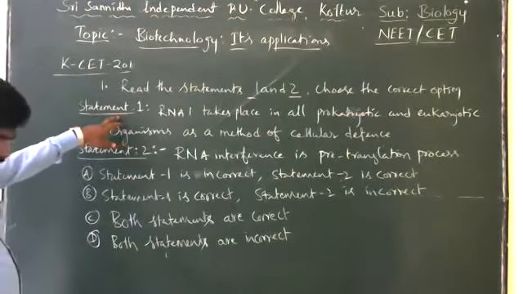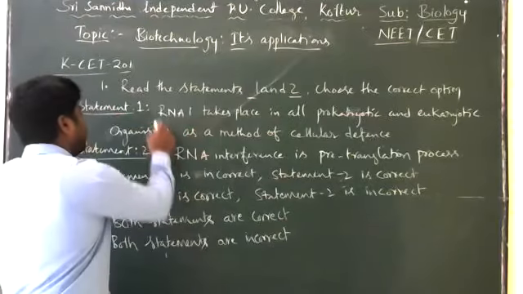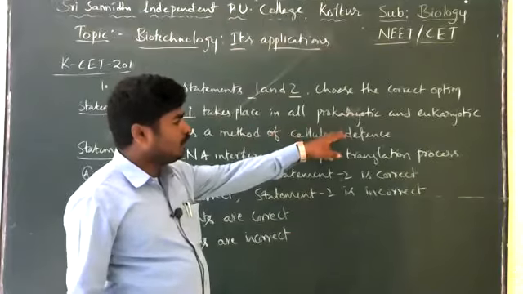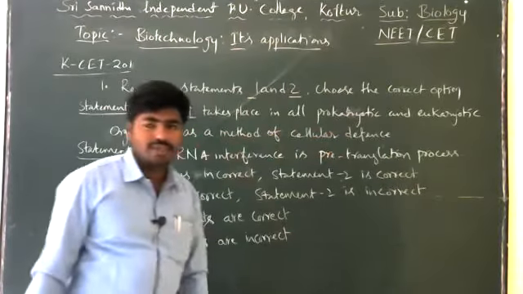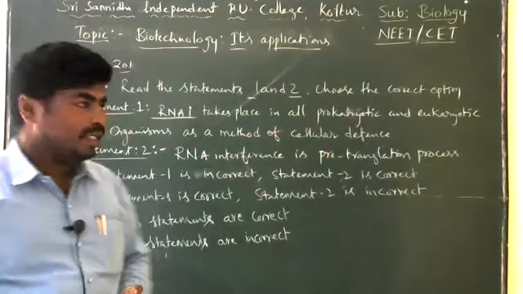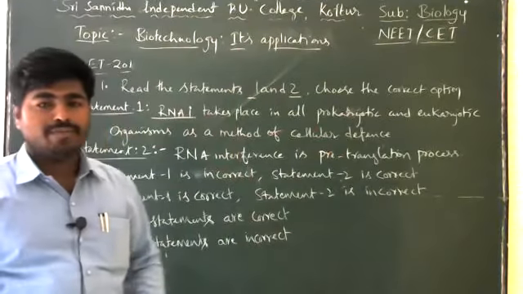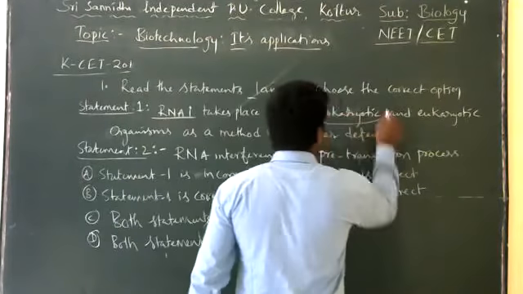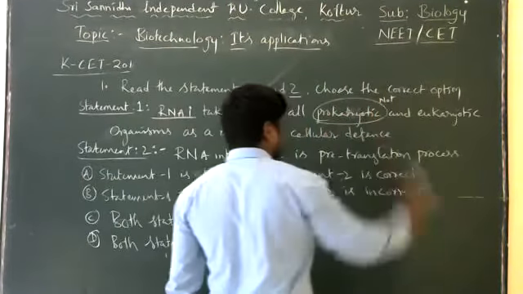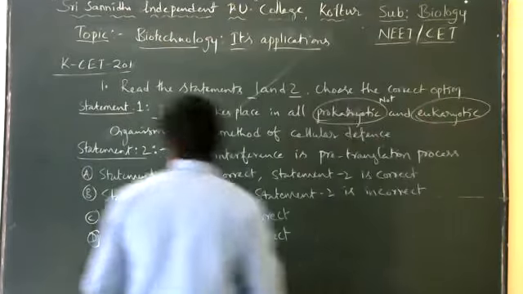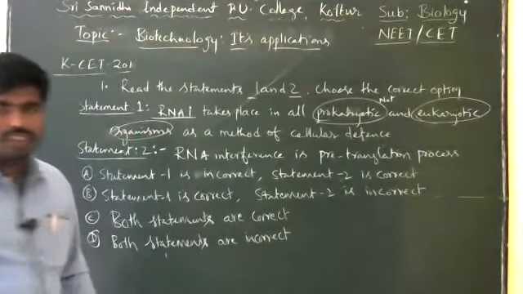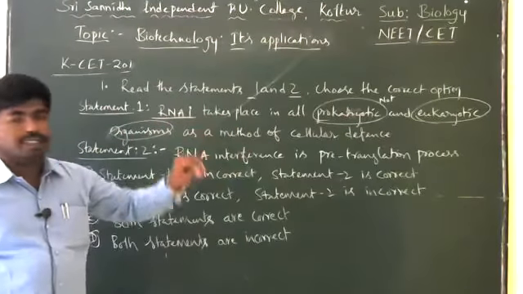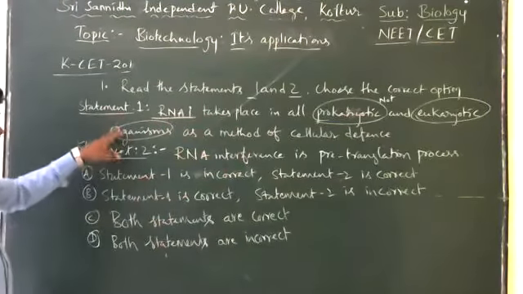Here, statement 1: RNA interference, or RNAi, takes place in all prokaryotes and eukaryotes as a method of cellular defense. We can find RNA interference only in eukaryotes, not in prokaryotes. So the first statement is incorrect.